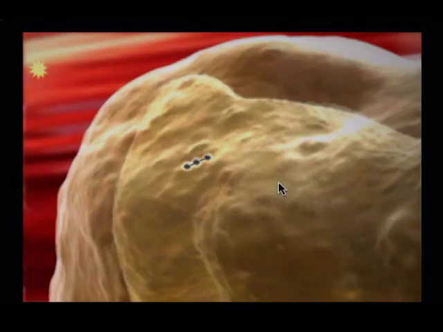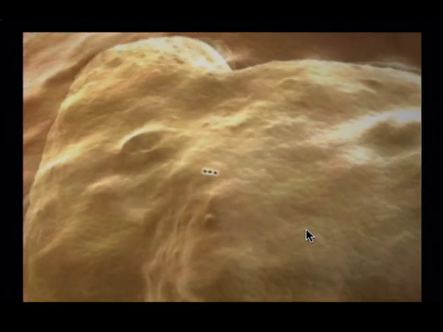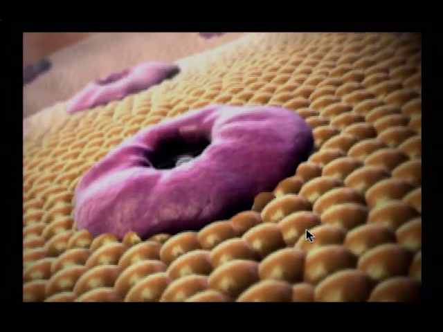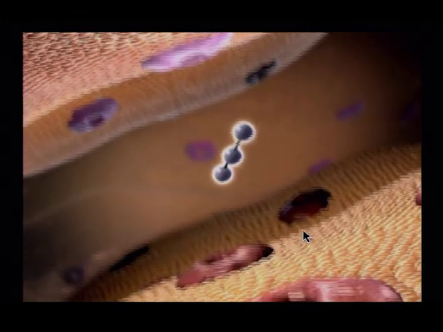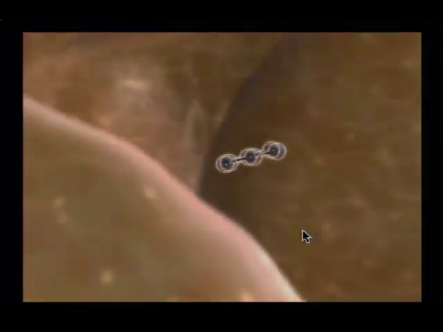In the background here we see our mitochondrion. And so it's going to diffuse through the outer membrane first. So through the outer membrane of the mitochondrion, through the inner membrane of the mitochondrion, into the matrix of the mitochondrion.